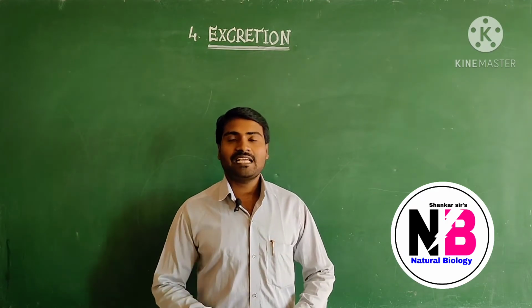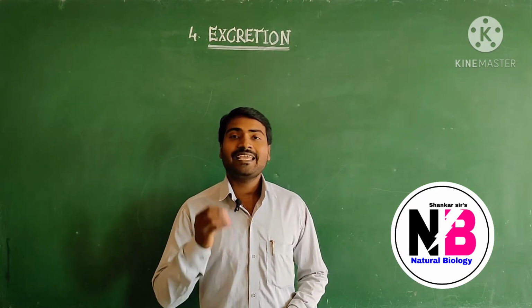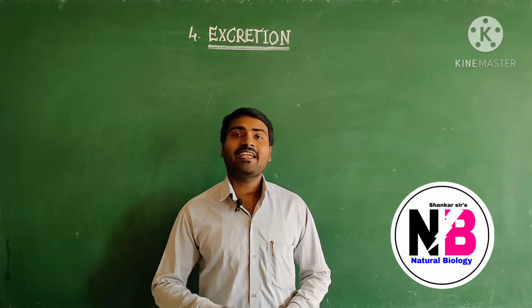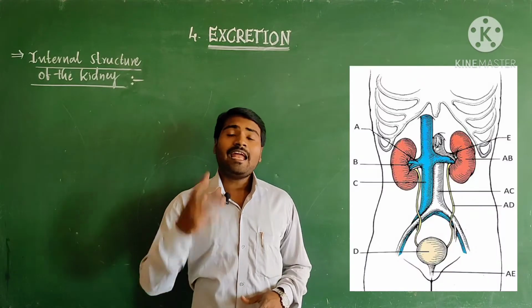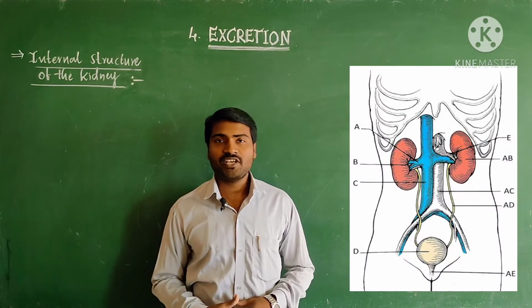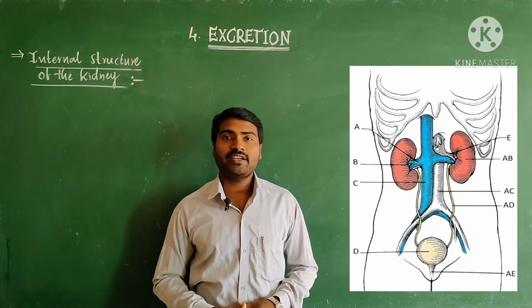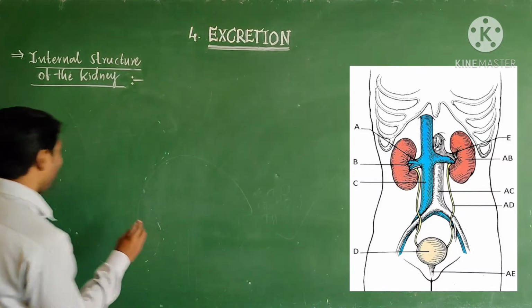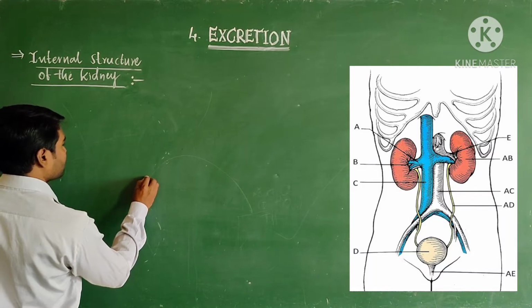In the previous class I have discussed the external structure of the kidney. Now let us discuss the internal structure of the kidney. Let me draw the external structure of the kidney, then we can see the internal structure. So first, the external structure.